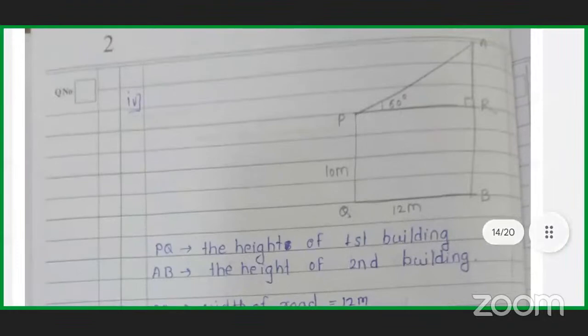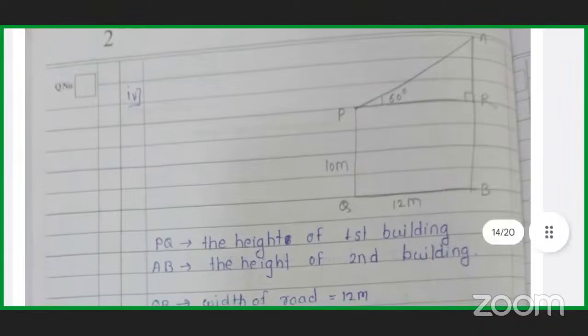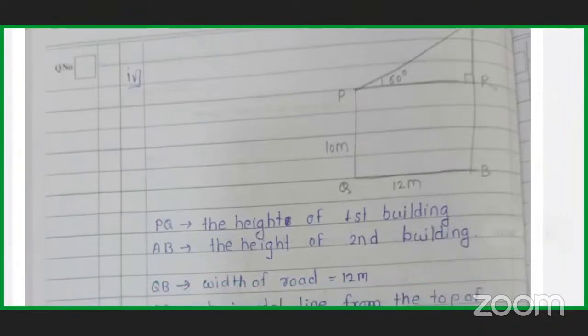Here PQ is the height of the first building, which is 10 meters. AB is the height of the second building. And here the angle of elevation is given, 60 degrees, from the first building to the second building top. QB is the width of the road, that is given 12 meters.